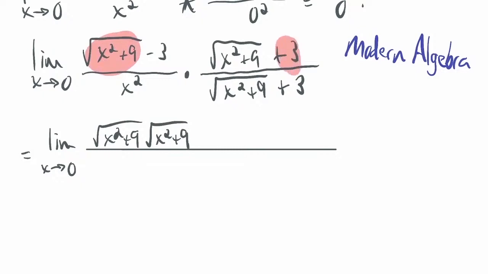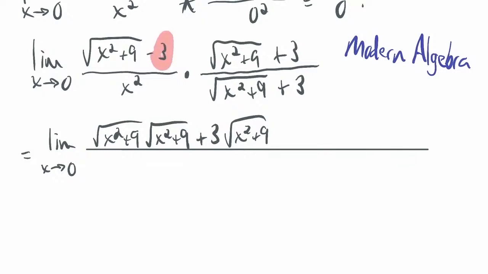Outer. So the square root of x squared plus 9 times 3. And I'll write the 3 in front. So I'll have 3 times the square root of x squared plus 9, plus 3 times the square root of x squared plus 9. Did not make my line long enough. Okay, and then inner.